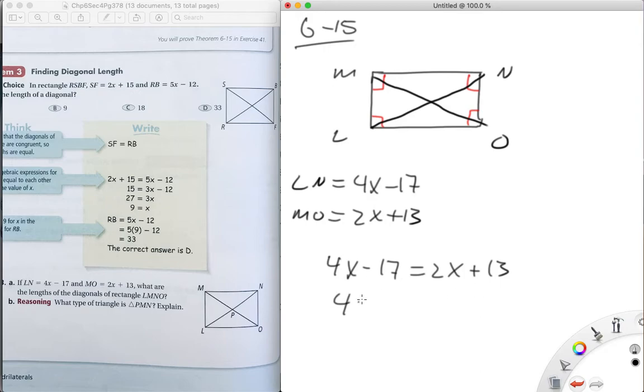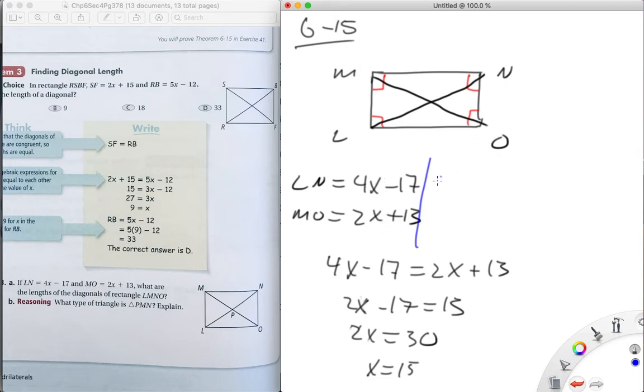Subtract 2x from both sides. 4x minus 17 equals 13. Add 17 to both sides. 2x equals 30. Divide both sides by 2. x equals 15. They're not asking for x, they want the length of the diagonals. So I'm going to plug 15 into either one.